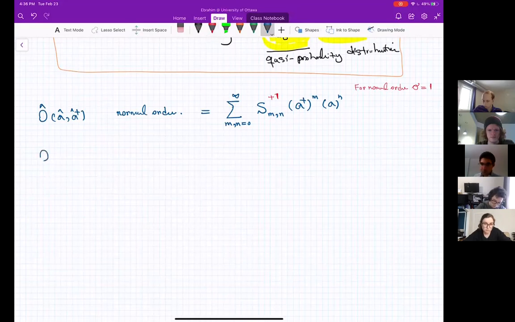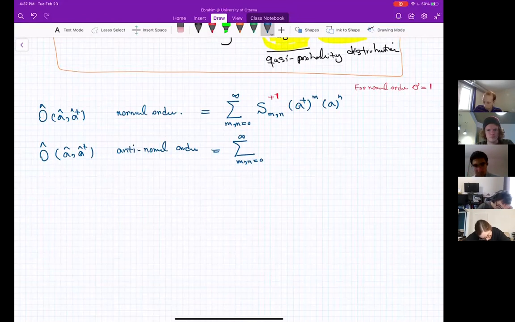In the same way, O of A and A dagger in anti-normal order: what I do here is swap the operators. I assume that I'm able to do all of those commutations and substitutions, and then I will end up with S of M and N, A of N, A dagger of M. Here, sigma is -1.